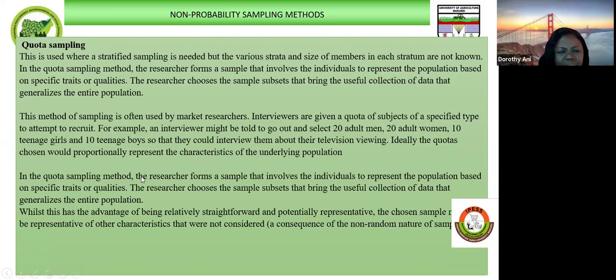In the quota sampling method, the researcher forms a sample that involves individuals to represent the population based on specific traits or qualities. The researcher chooses the sample subset that brings the useful collection of data that generalizes the entire population.